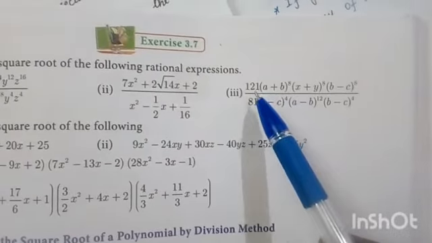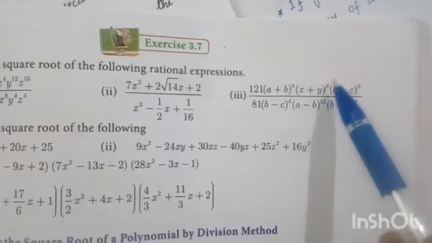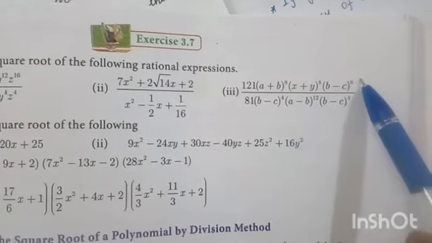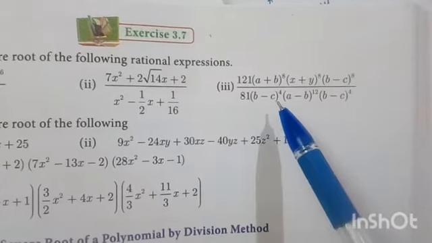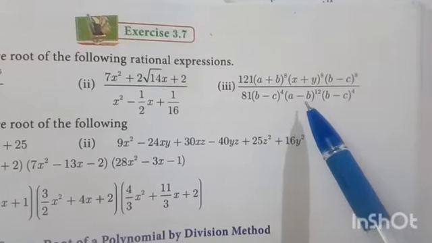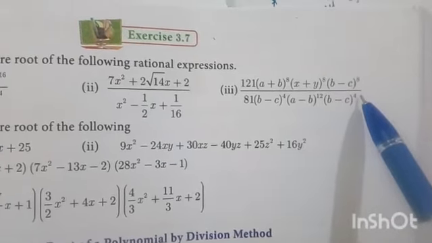Third problem, 121 into a plus b whole power 8, x plus y whole power 8, b minus c whole power 8 whole divided by 81 into b minus c whole power 4, a minus b whole power 12, b minus c whole power 4.